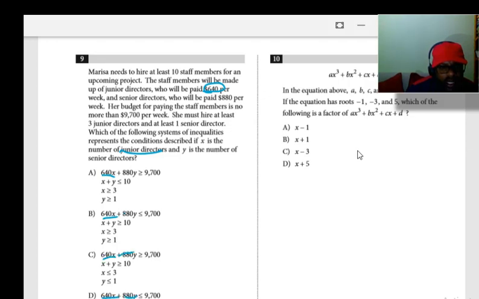Like 800 something is the same. Okay, now I'm fine with that. So let's go here, the inequality. Her budget for paying the staff members is no more than, okay, which means less than or equal to, no more than 9. So I need the choice that contains less than or equal to. So this works and this works. I don't need this, I don't need this.